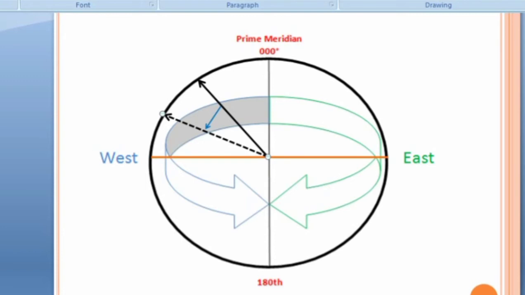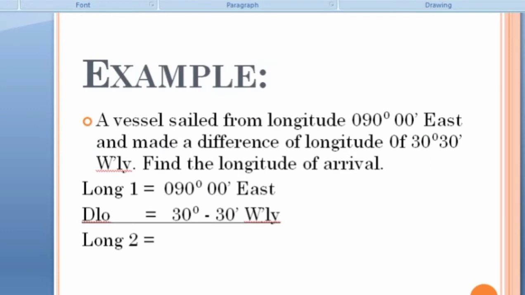So let's go to the next example. Let's go to the other side, but in a different circumstance. We have here a vessel sailed from longitude 090 degrees 00 minutes east, exactly, then made a difference of longitude of 30 degrees 30 minutes westerly.